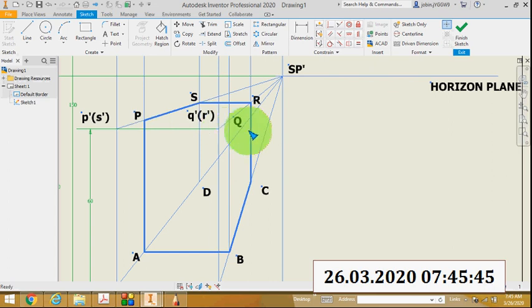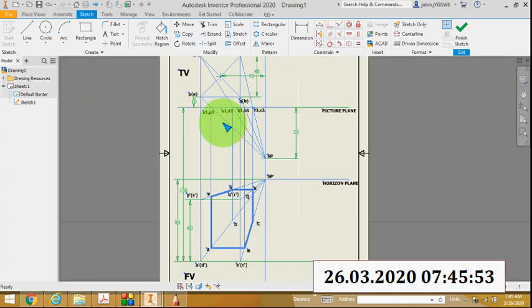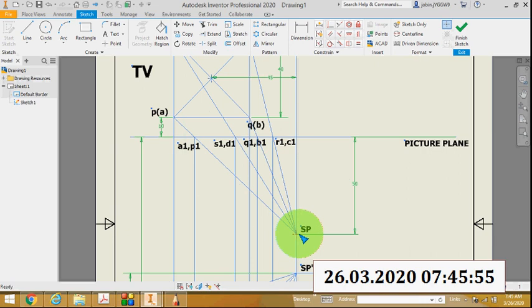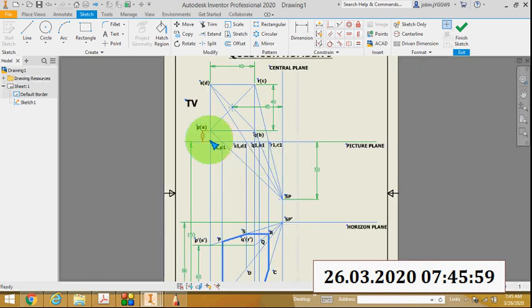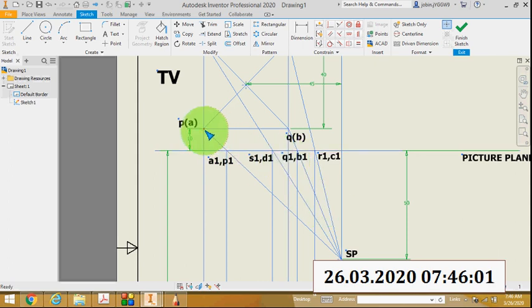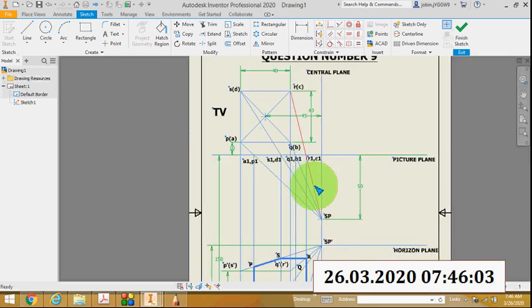PQ and QR are incomplete. So I will look from this point SP to this top view. In that direction PQ is visible and QR is visible from SP.